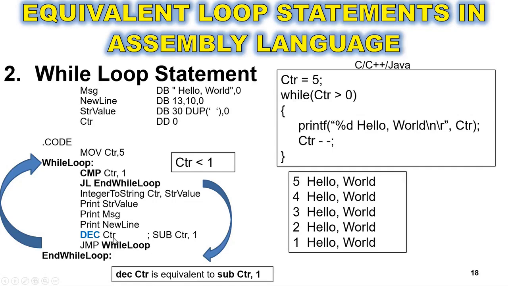It becomes now 0. So CTR now contains 0, and then jump to the label while loop. We compare 0 to 1. JL end while loop: is 0 less than 1? This time it is true. Therefore, the CPU will jump to the label end while loop, and it will now stop repeating our while loop.